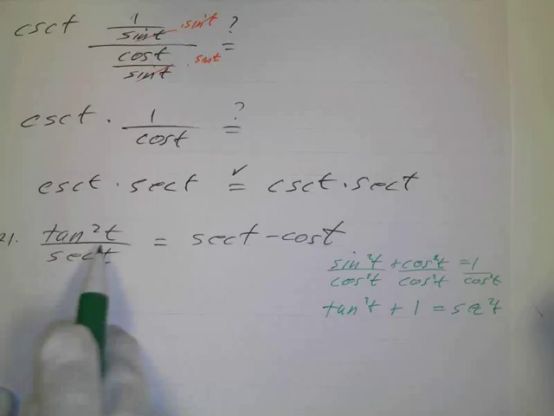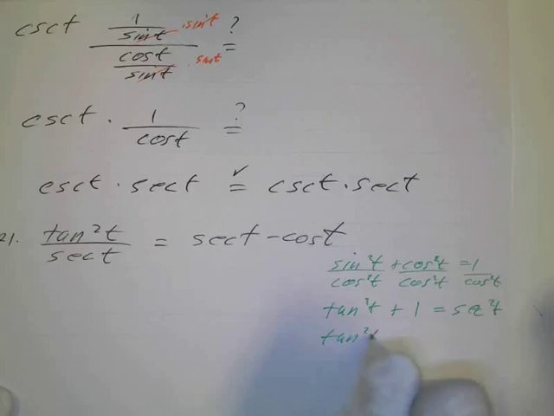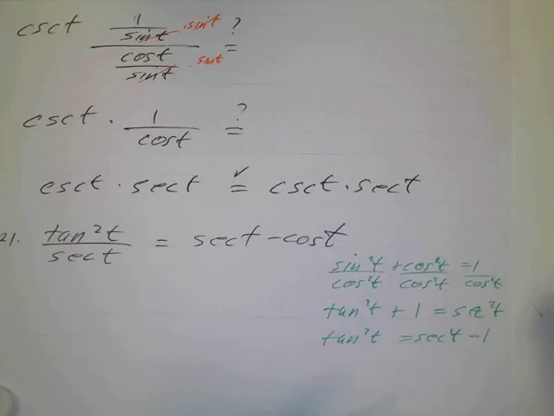And then this is just a tangent squared, so I can just subtract 1 from both sides. So I have another form of this identity: the tangent squared of t equals secant squared of t minus 1. That's my identity, so I can rewrite this.